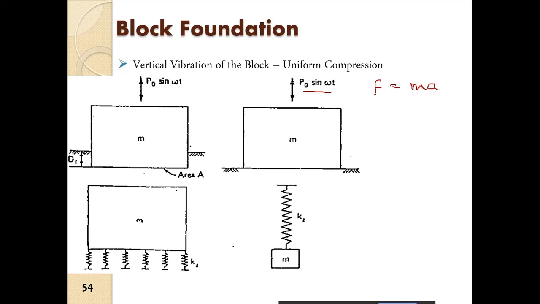So what is F? F is the summation of all the forces. If we consider this mass here, we have P naught sine omega t, or to avoid any confusion we can write Px sine omega t.